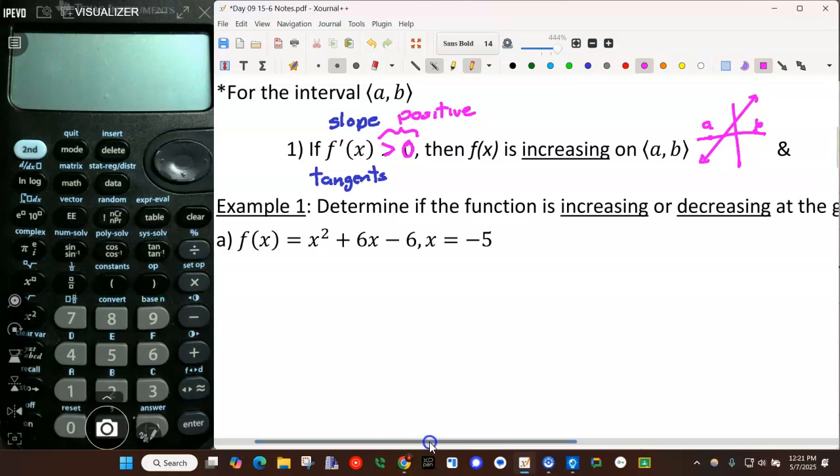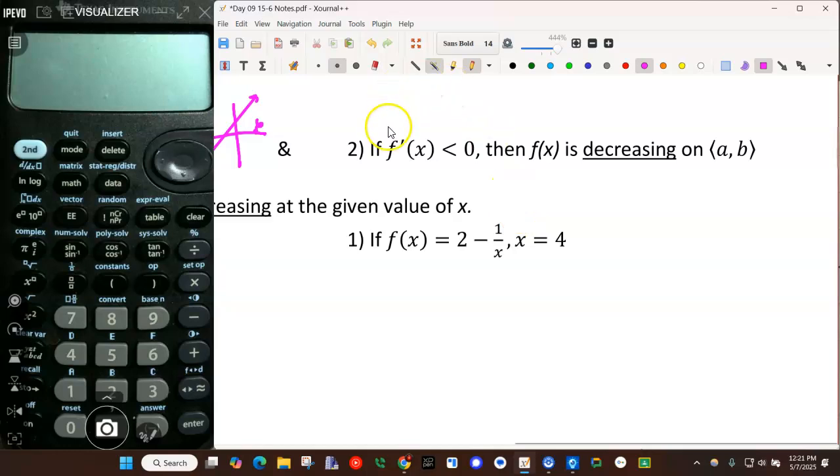And of course, the same thing is true over here. If f prime of x, so if the slope of tangents, or however you want to say that, are less than 0, right? If the slopes are negative, right?